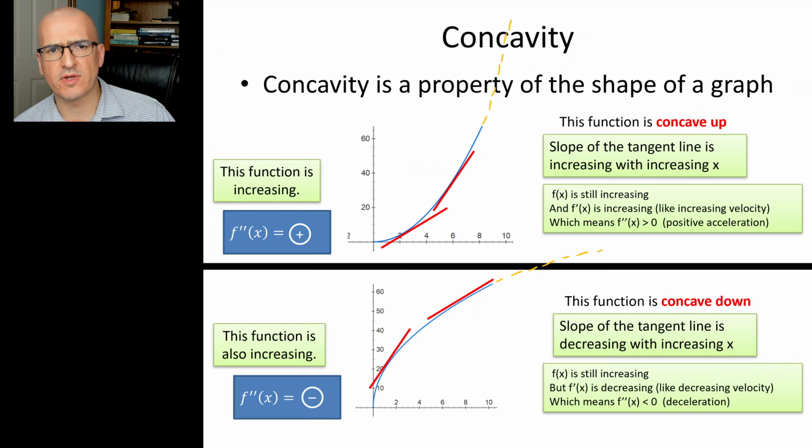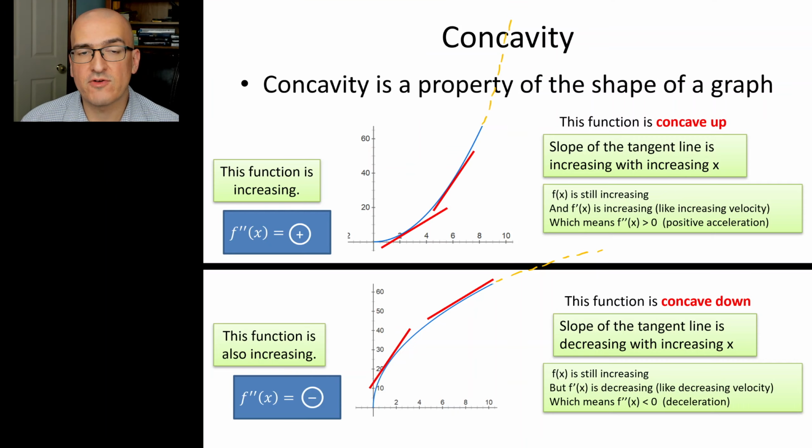It's getting slopier. So the rise over run is getting larger. The y value is more sensitive to changes in the x value as you move from the left side to the right side. Whereas look at the bottom graph. That concave down shape has the opposite behavior. All the tangent lines are positive, so that part's the same because this is an increasing function. But look at the magnitude of the slopes as you go from the left side to the right side.